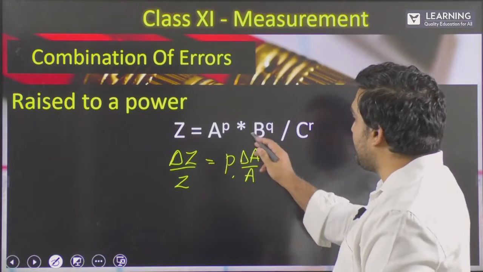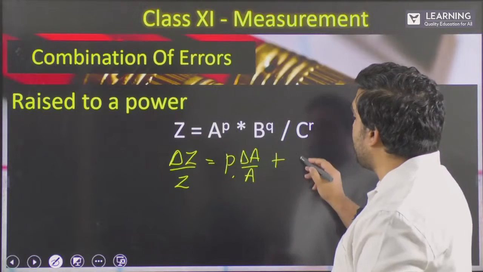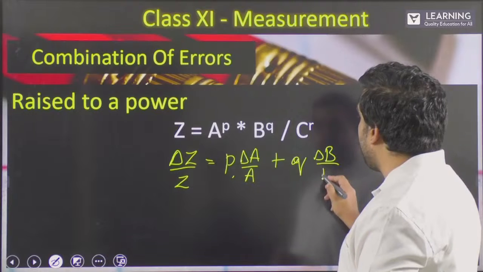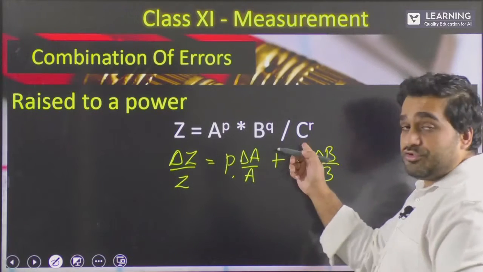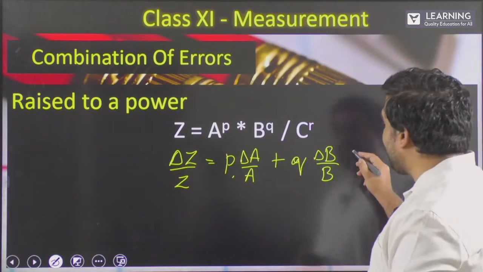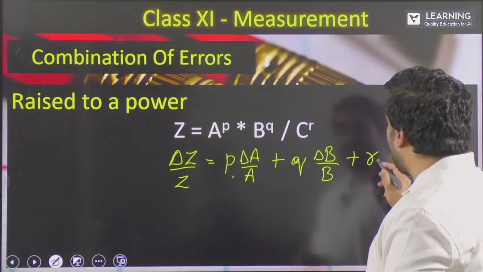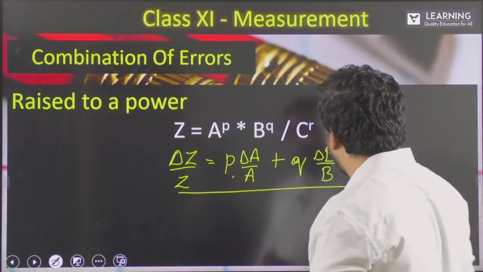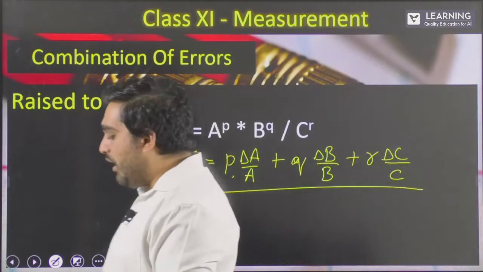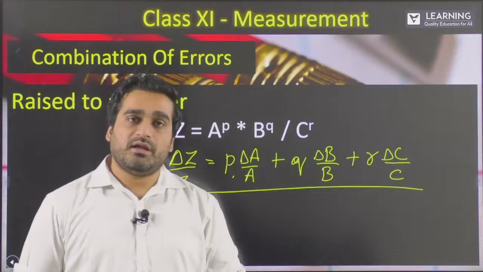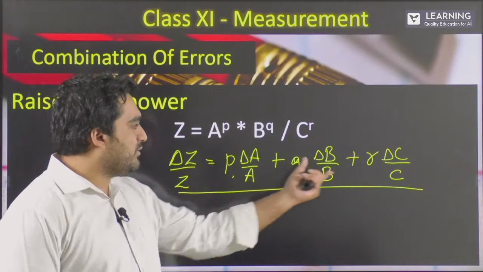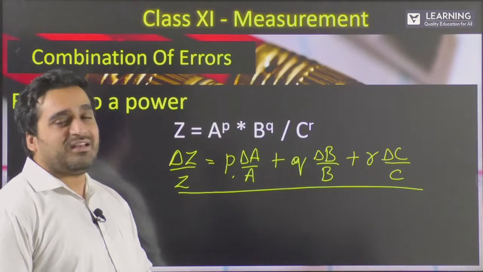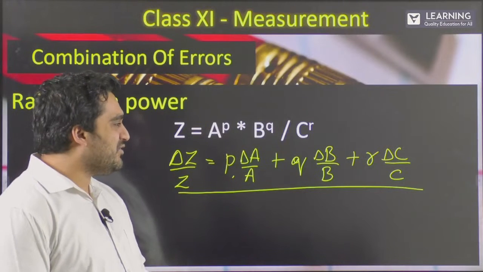Plus, since you're multiplying here, the next is q delta b by b, and also division, which is still a plus, r delta c by c. This is how you determine the total relative error, which is the part I've written on the right hand side. Pretty lengthy one.